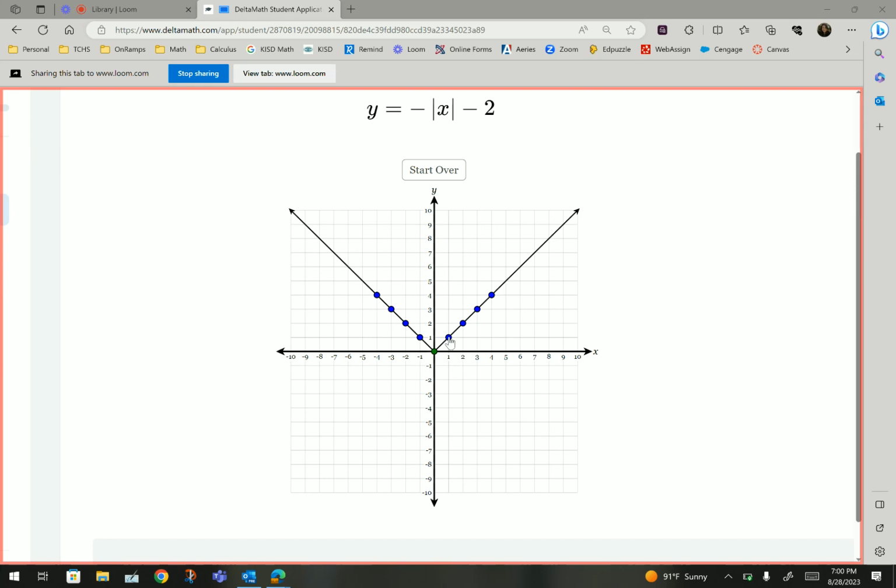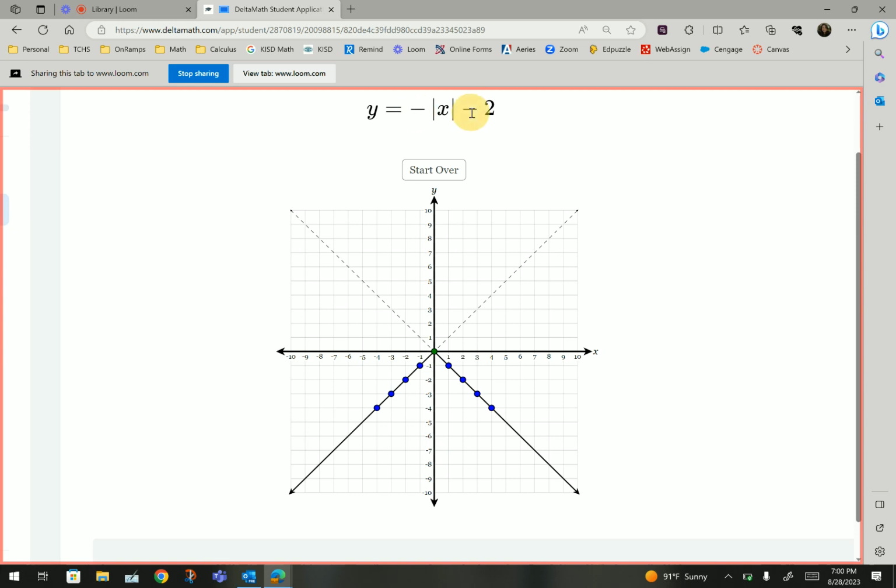And that means all these points jump over the x-axis. So this is a distance of 1, this is a distance of 2, of 3, of 4. I can pick any of these points. I'm going to pick this one because it's the closest to the x-axis. And I'm going to jump to the other side and make sure it maintains a distance of 1, 2, 3, and 4. So that's what this negative did.